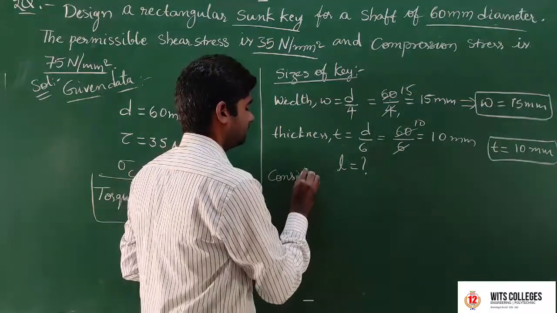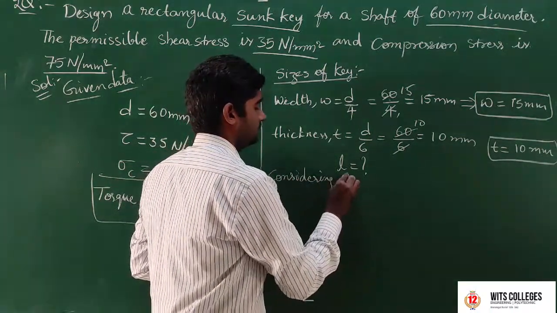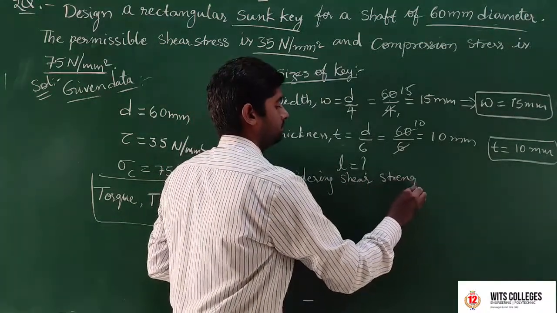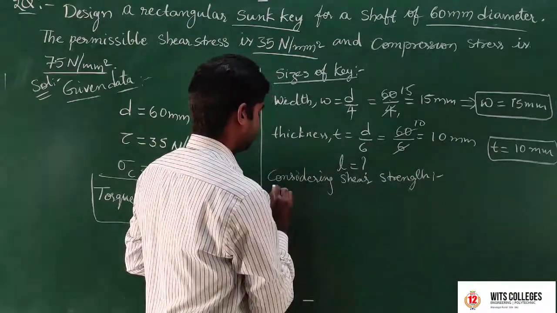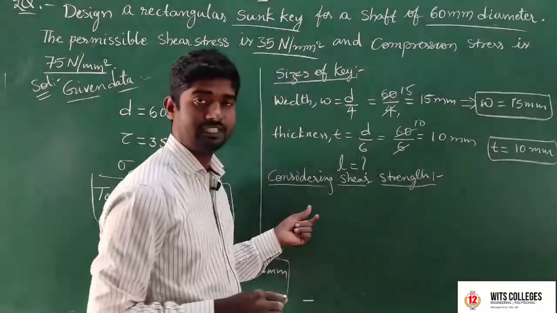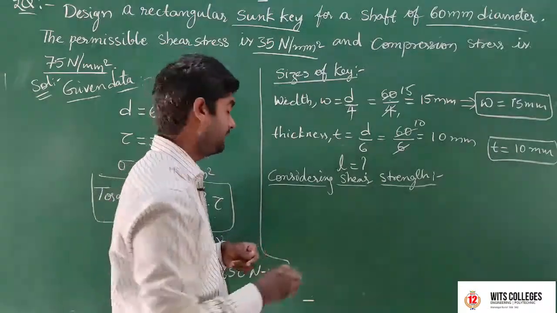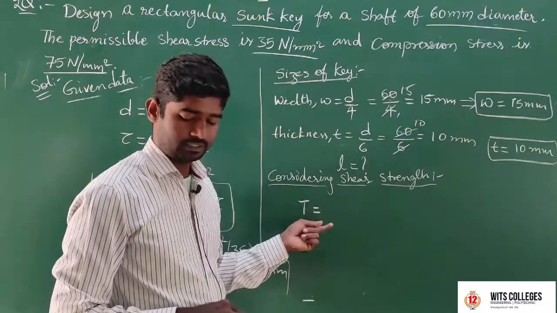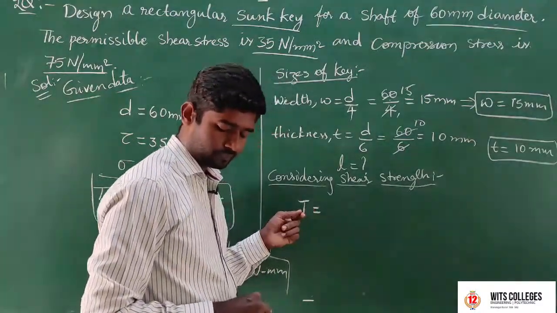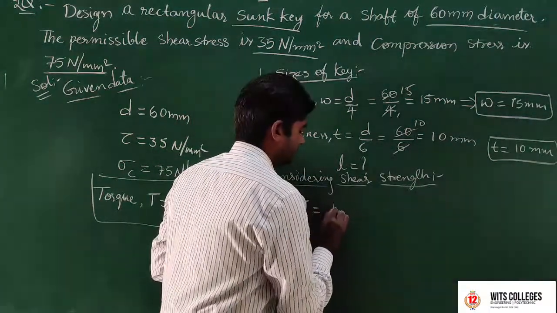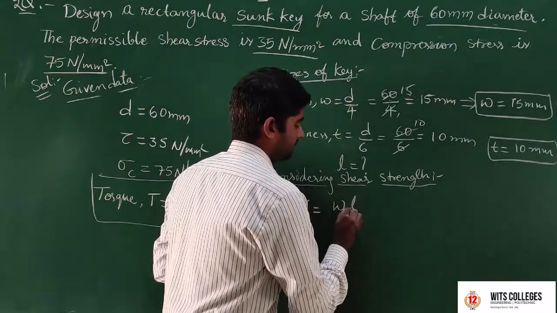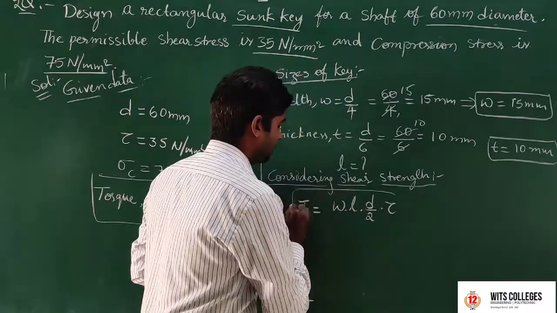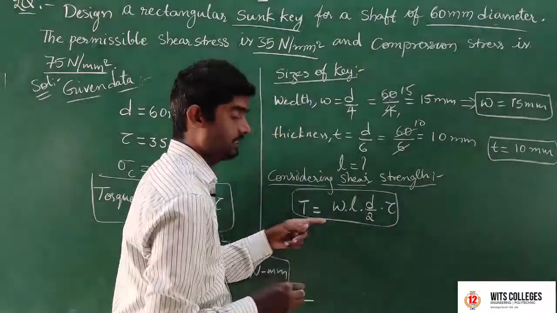The formula considering shear strength: T is equal to W into L into D by 2 into tau. We are considering shear strength. Using this, find out the L.